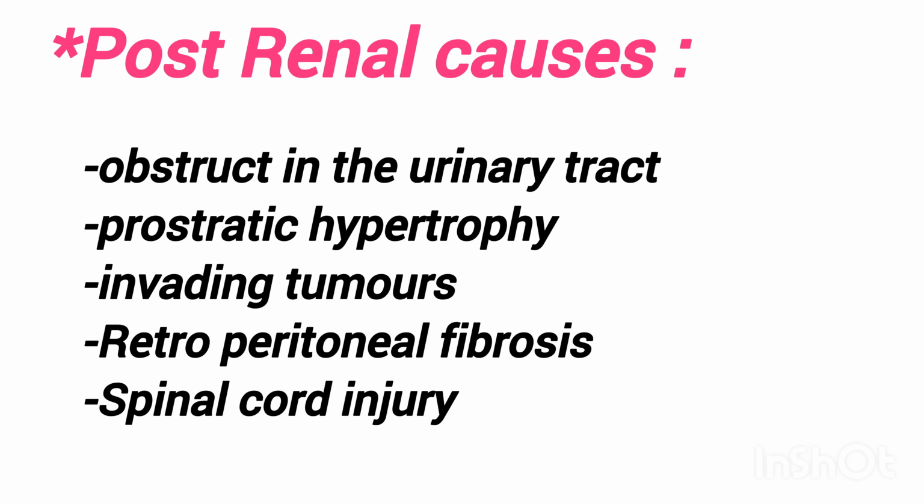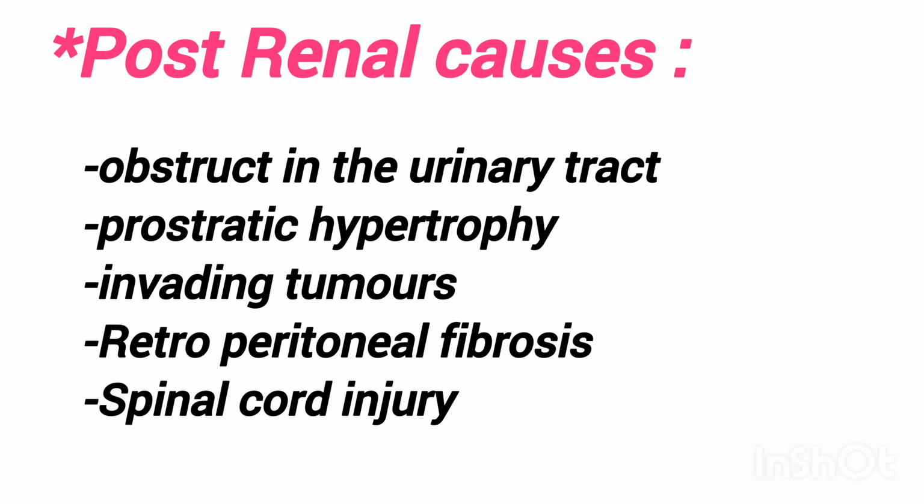Now we are going to see the post-renal causes. Post-renal causes means there is an obstruction below the kidney, which prevents the secretion of the waste products present in the kidney. So that leads to acute renal failure.